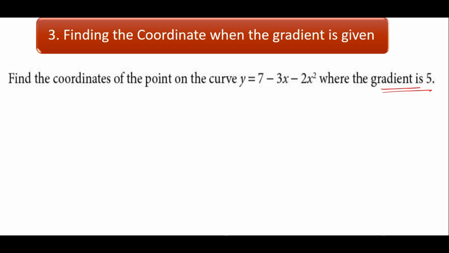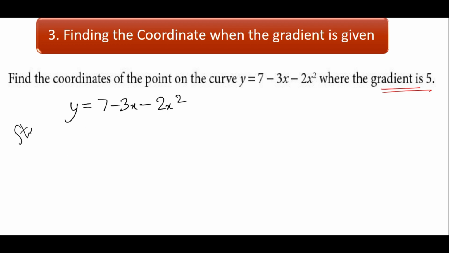Now before we begin, let me tell you that to solve these kind of questions, you should have the skill of how to solve a linear equation and to solve a quadratic equation. Starting from the question, y equals 7 minus 3x minus 2x squared.